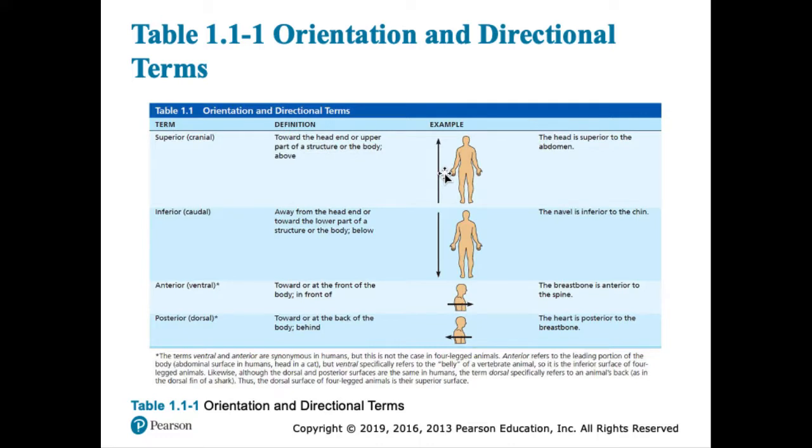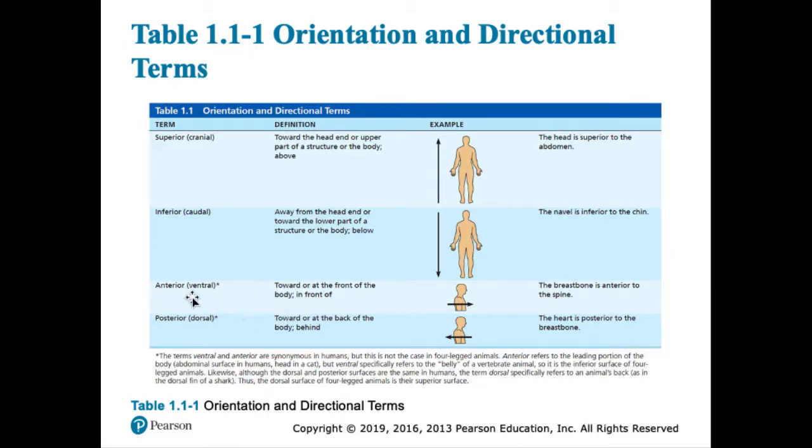So the head, again, is superior to the abdomen. Inferior, or caudal, that is away from the head or towards the lower part of the structure or below. So the navel is inferior to the chin. And remember, this is viewing it from standard anatomical position, right?